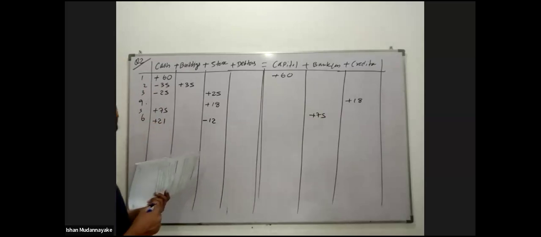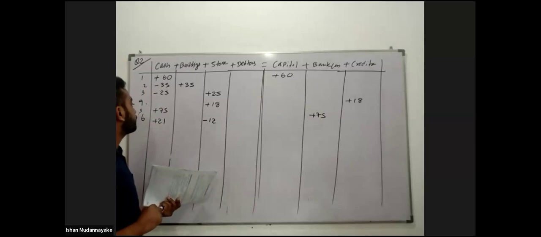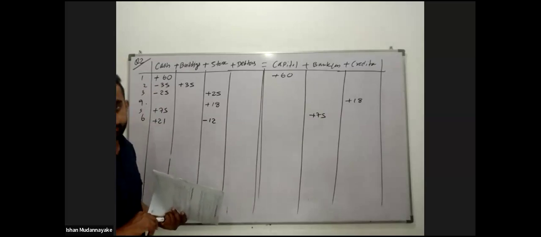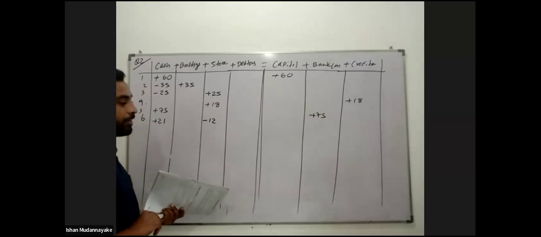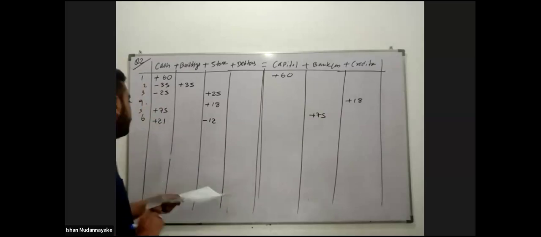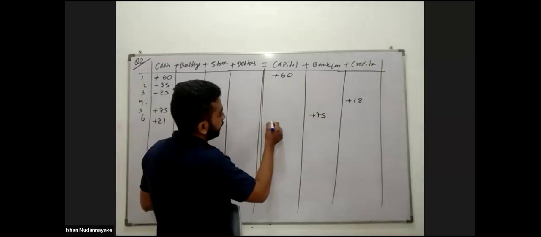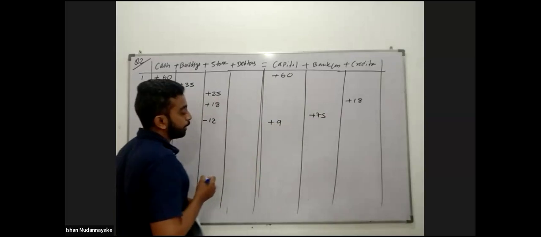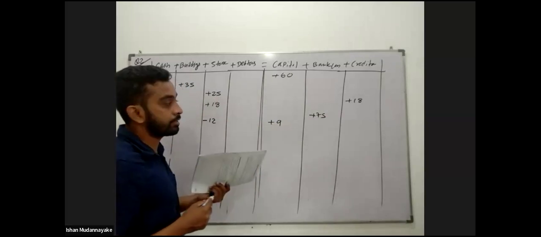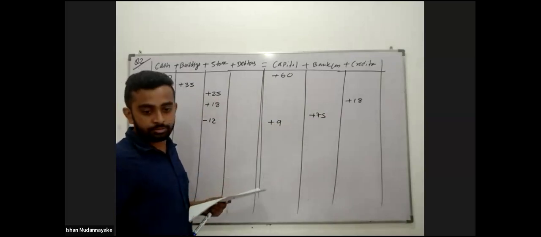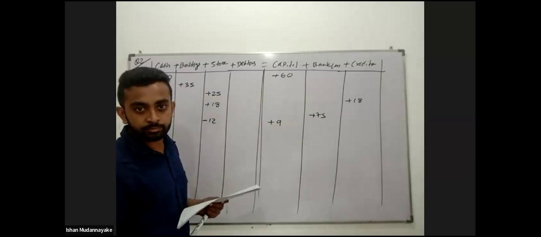And here there's a profit. Profit is 9,000. That 9,000 profit goes to capital. Capital plus 9,000. The owner of this profit is Migara.